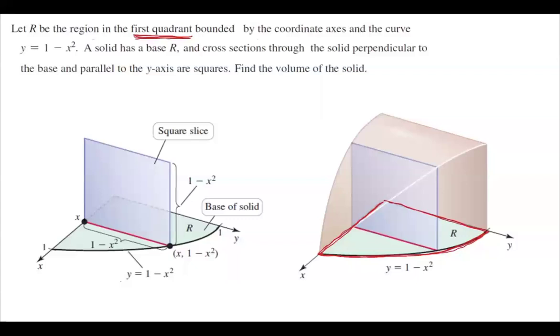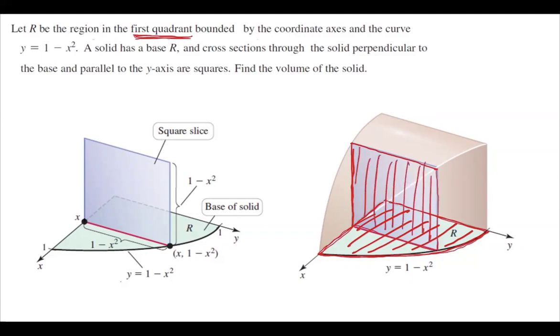So when you look at the cross section, which is perpendicular to the base. So this is your base, right? This is the base that you have. And then the cross section, which can be visualized this way, perpendicular to the base, and it is moving, right?